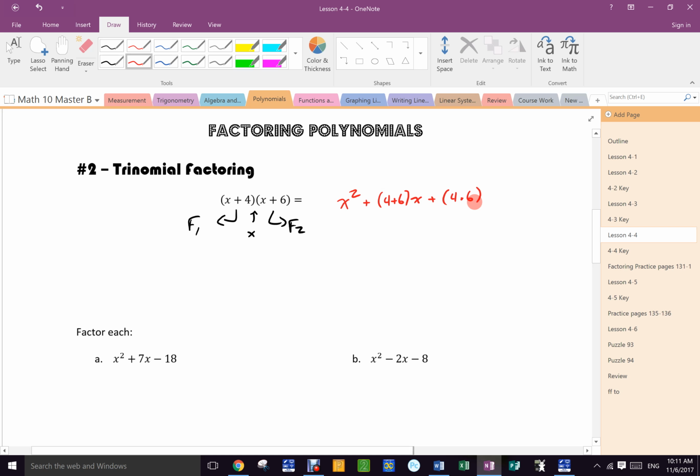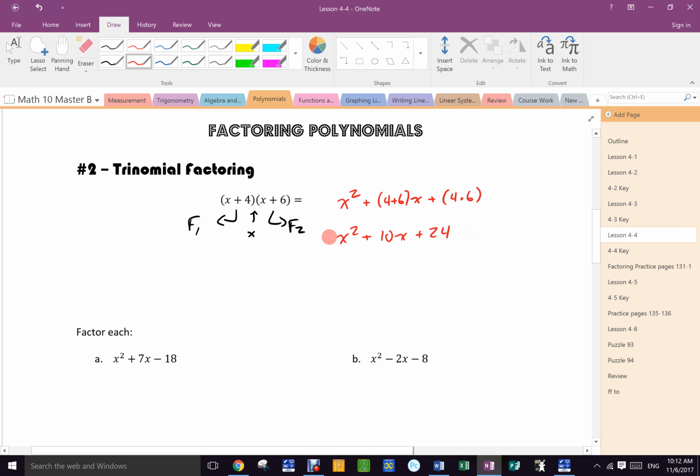Everybody with me? Which would give me x squared plus 10x plus 24. Okay? Everybody cool?